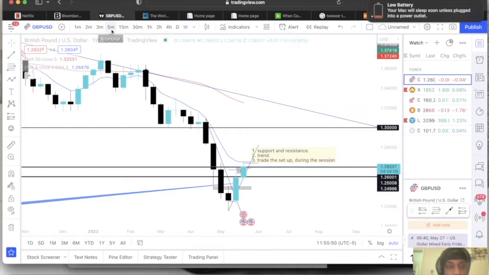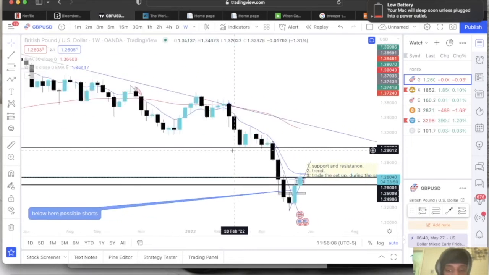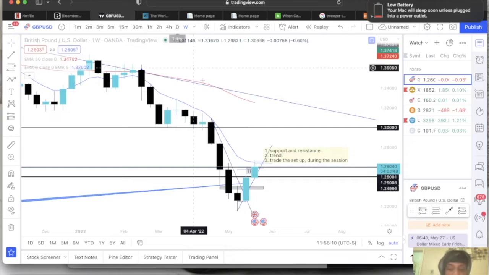The moves may not look so big on these higher time frames, but they are big on the 5 minute and 1 hour time frames, if you're looking at it from a weekly point of view. And so normally I start off with my weekly.